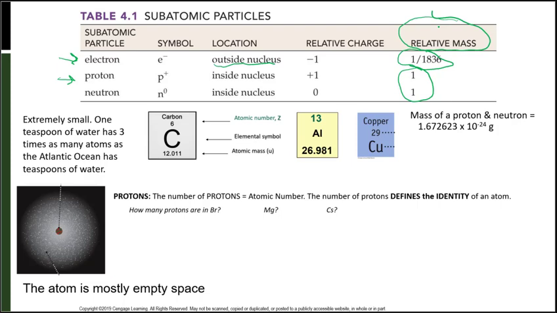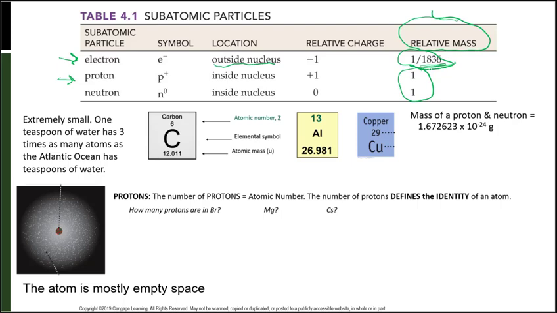If we looked at that largest element with 118 protons and 118 electrons if it was neutral, 118 electrons is not even a tenth the mass of 1 proton or 1 neutron.